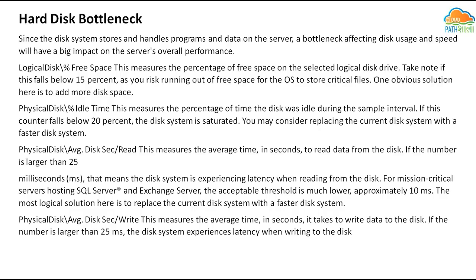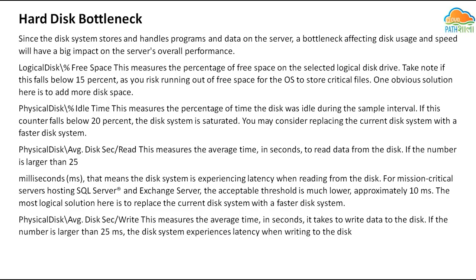The next counter we can talk about is physical disk average disk read values. In this particular counter, if the number is larger than 25 milliseconds, that means there is something wrong. When we say 25 milliseconds, I'm talking about general servers which are not heavily utilized, like an application server or any other normal infrastructure server.